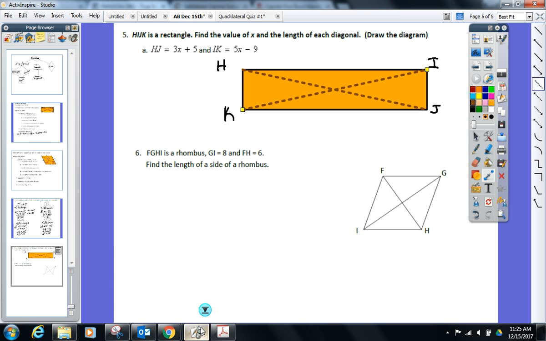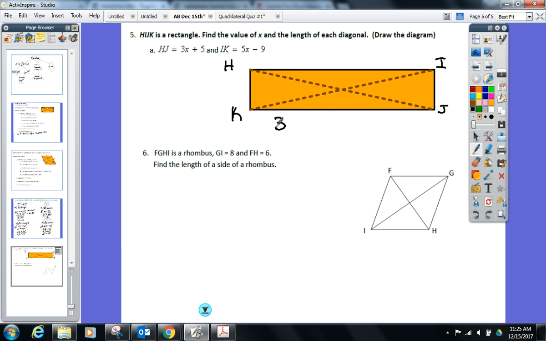So what should I be doing with this 3x plus 5 and this 5x minus 9, Amy? Diagonals are congruent, so 3x plus 5 is equal to 5x minus 9.